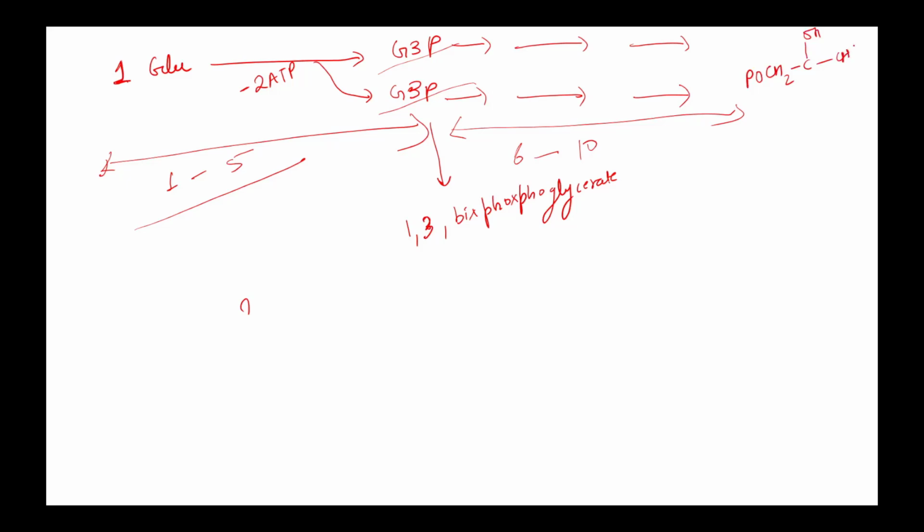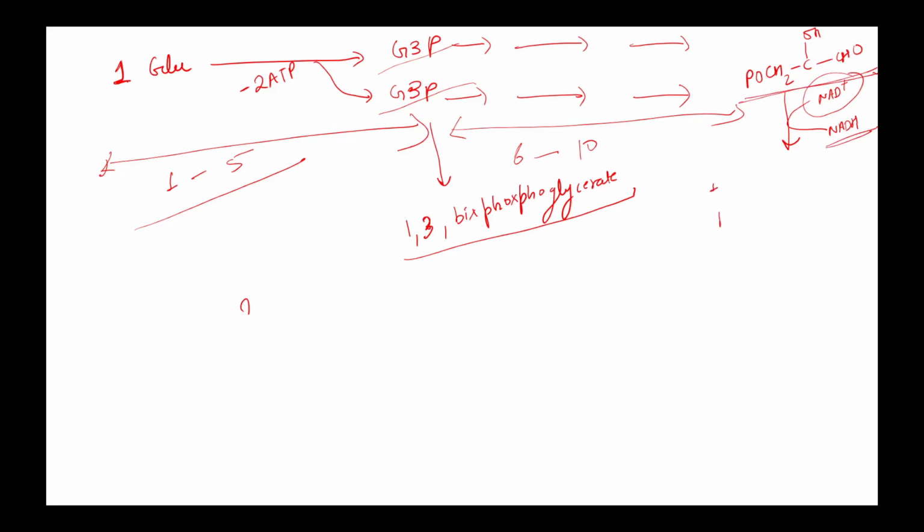This is our glyceraldehyde 3-phosphate, and it gets converted to 1,3-bisphosphoglycerate with the help of NAD plus. Okay. So NAD plus gets reduced to NADH and oxidizes this particular aldehyde to the carboxylic acid. So it is a two-step reaction.